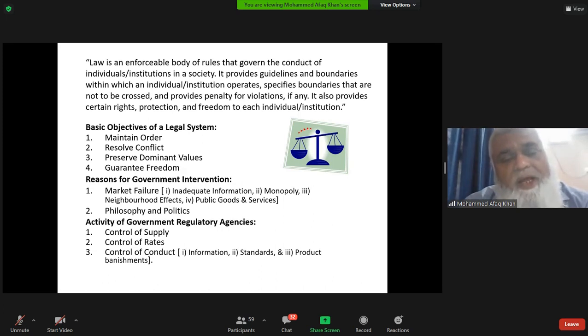And in the rules themselves, there are provisions on how the rules are to be enforced. If rules are made but there is no proper enforcement, then there is no use of rules.